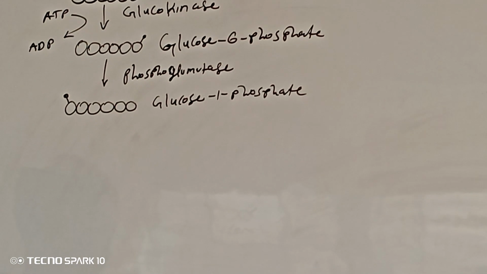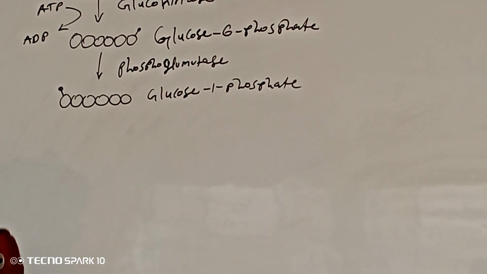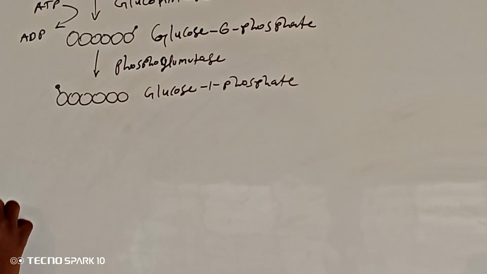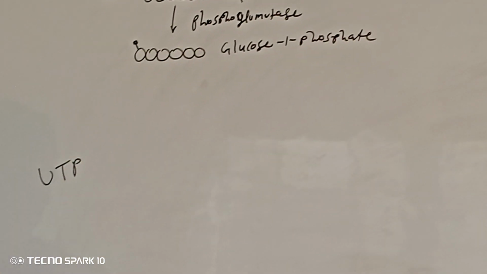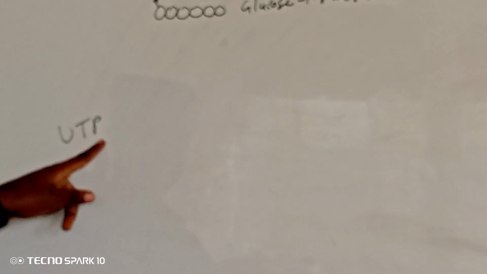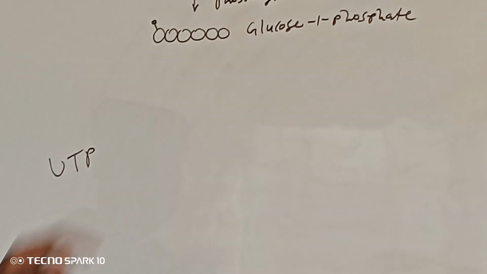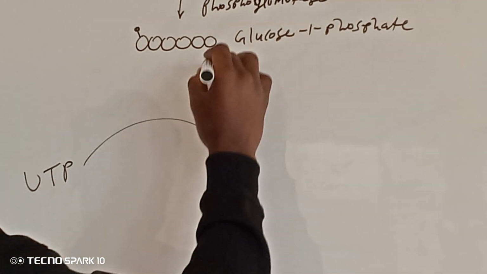Now, inside the cytoplasm, we have something called UTP. This is called uridine triphosphate. Uridine triphosphate is going to react with glucose 1-phosphate.